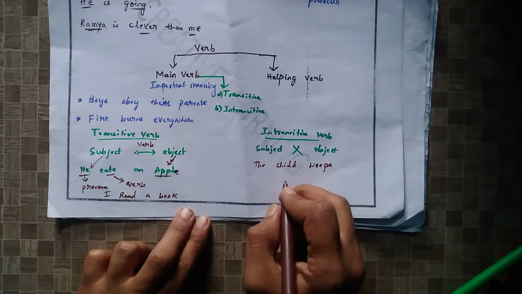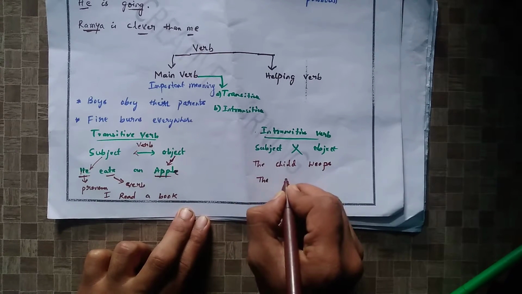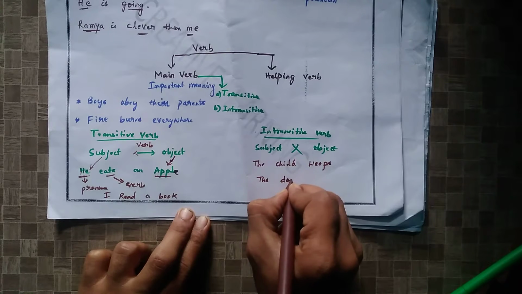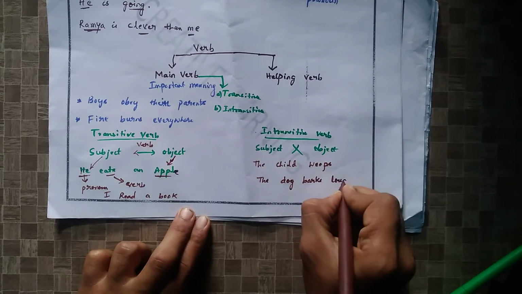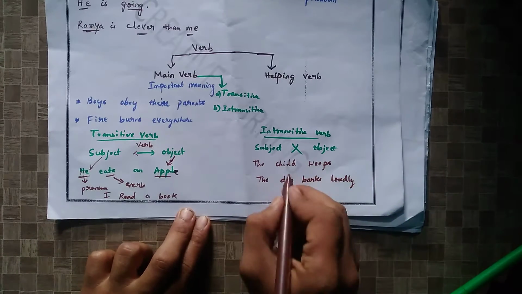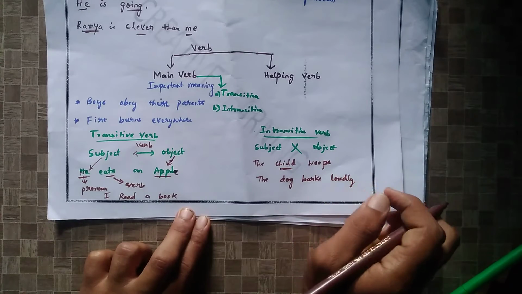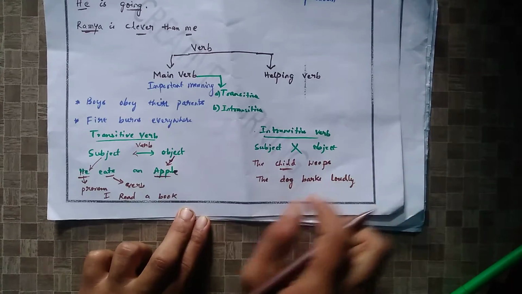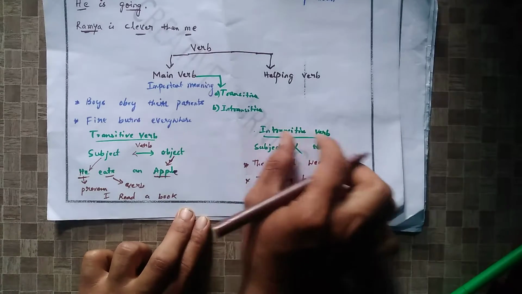Another example is the dog barks loudly. Here, child is the subject and no object is seen. Weeps is the verb. So such kinds of verb sentences are called intransitive verb.